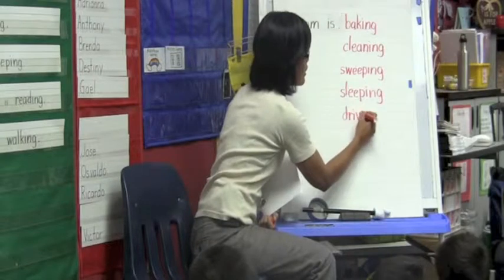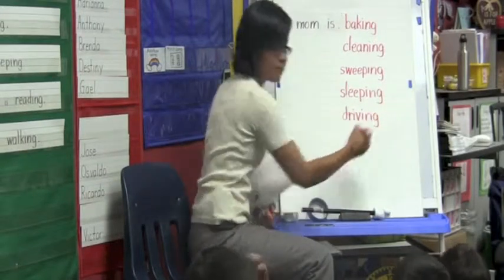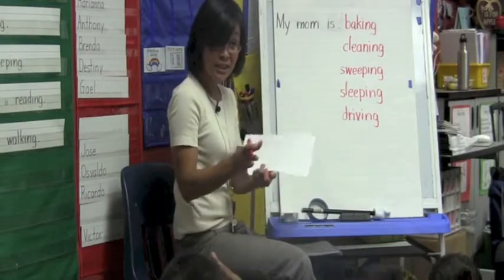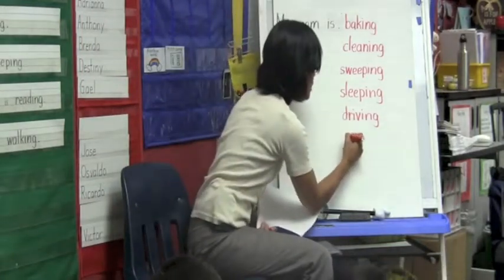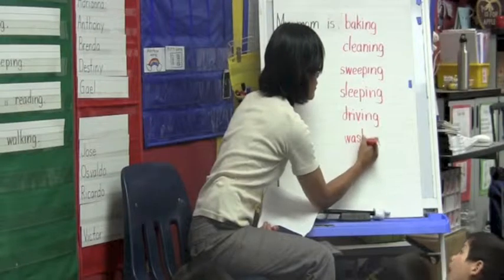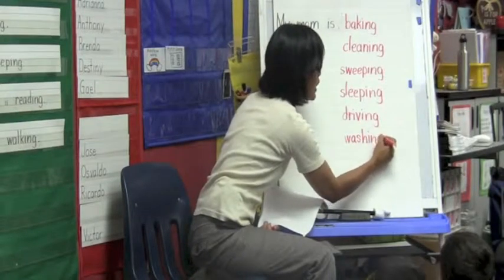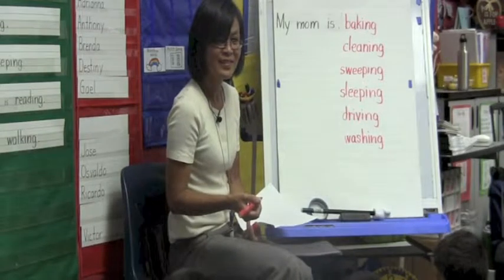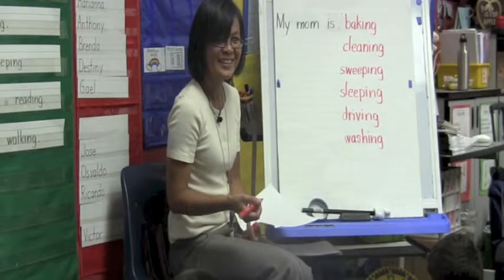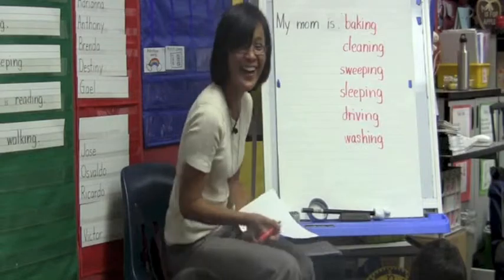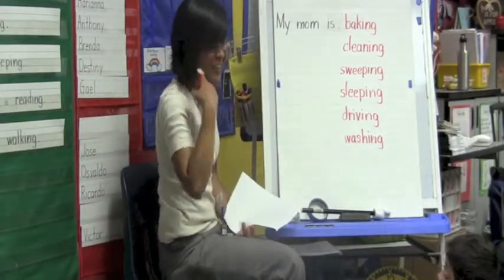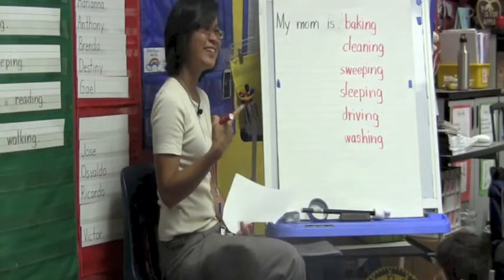Driving? Okay. What else do you see your mom doing? Cleaning the dishes. Washing the dishes. Okay, so you see her washing the dishes. Okay, anything else? Really, our mom is snoring. Snoring. Okay, I guess when she's sleeping you hear her snoring, huh? Can you see snoring or do you hear snoring?